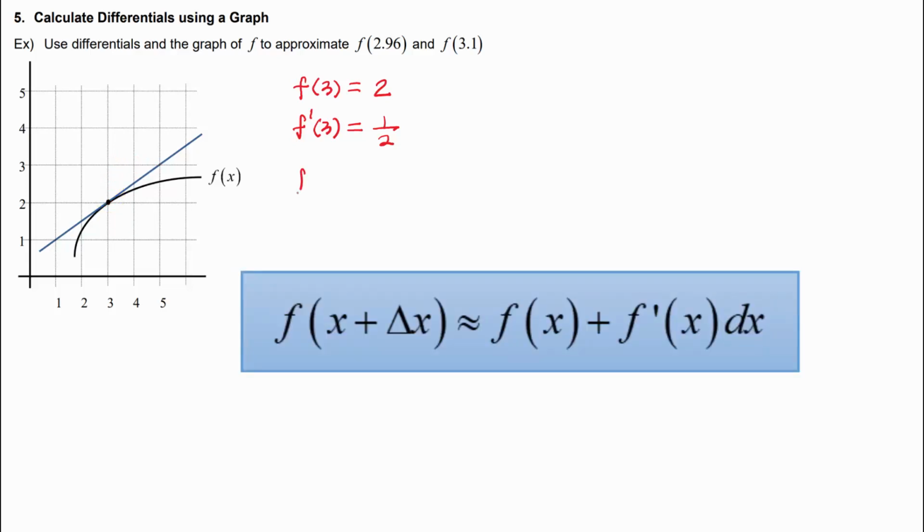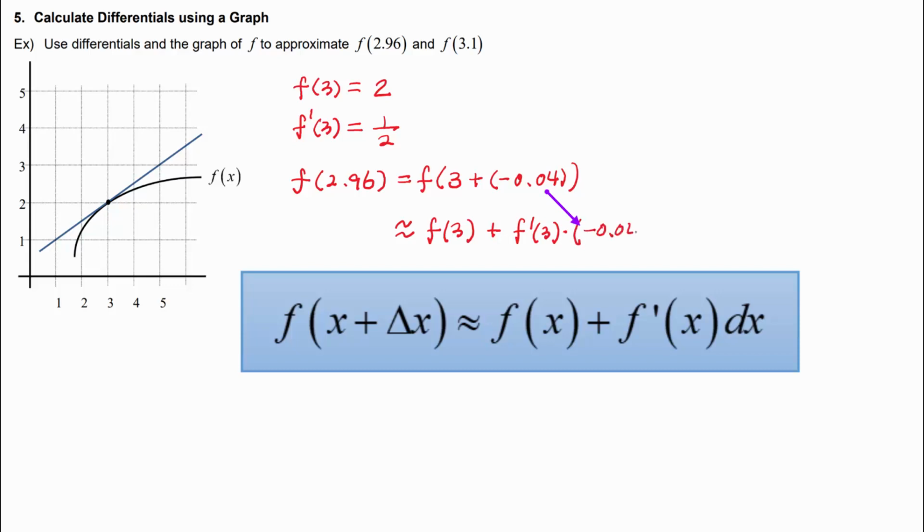So then f of 2.96 is equal to f of 3 plus delta x, where delta x will be negative again, negative 0.04. Then this can be approximated by f of 3 plus f prime of 3 times dx, and dx is equal to delta x, so that will be negative 0.04.